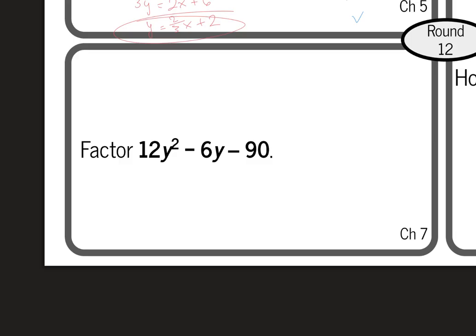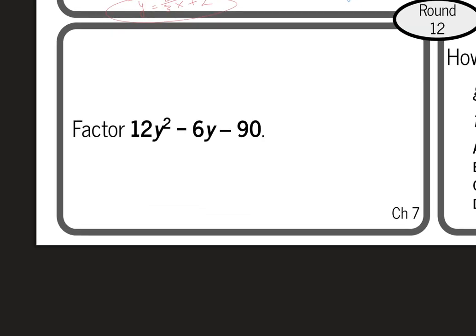We're done. Factoring this could go one of a couple ways. It could be a little frustrating if you just automatically start and you're like, 12 times 90 is 1,080, and I need to make that equal -6. Yikes, that would be a little daunting. But did you notice the greatest common factor, who I've referred to as Mom before?